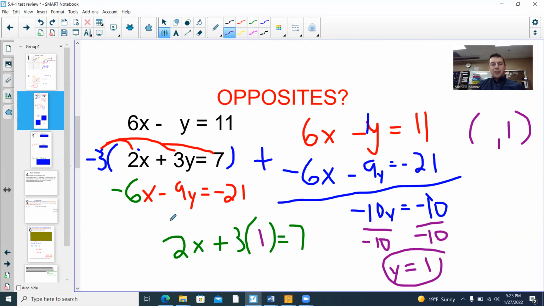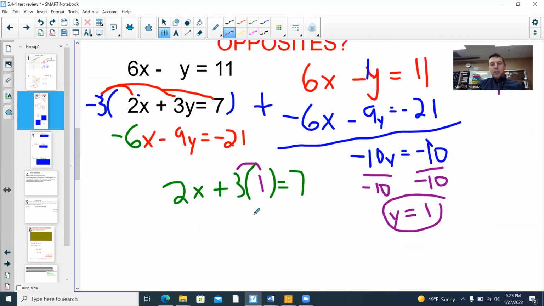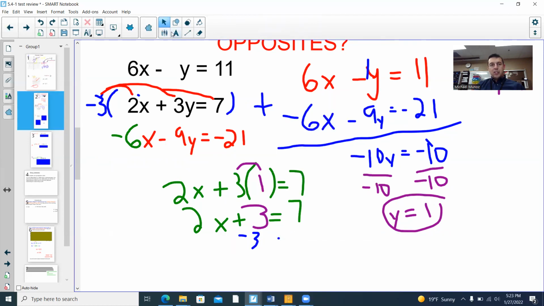And then I'll do the math. First, I got to multiply. 3 times 1 is 3. And then I'll bring everything down. 2x plus 3 equals 7. Remember, before I can divide by this 2, I got to get rid of that 3 hanging out there. So it's a positive 3. I'll subtract 3 from both sides. Subtract 3.